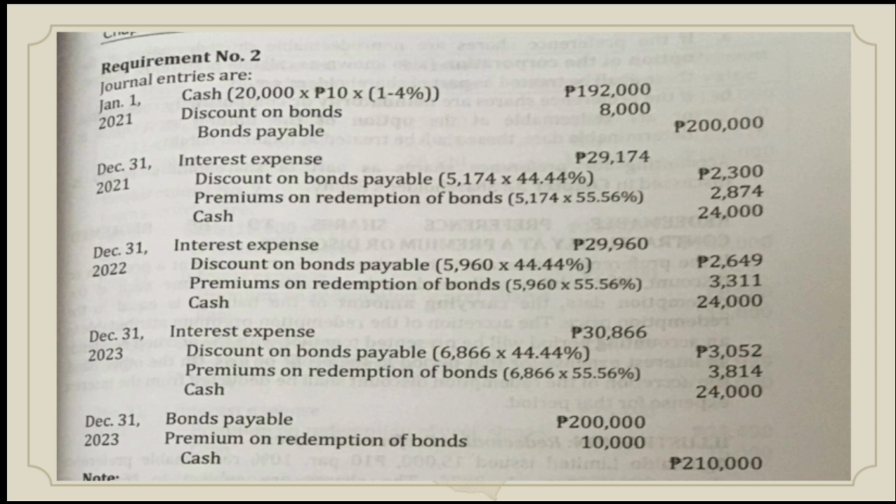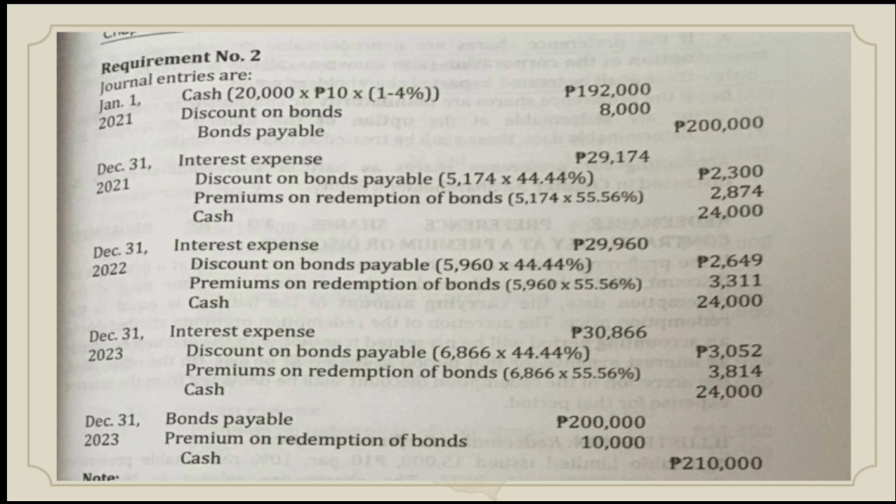So mao ni ang imong madawat nga cash. And then nakay discount on bonds payable nga 8,000. Kuha nimo ang discount on bonds nga 8,000 by 200,000 times 8%, kay as you can see diri sa amortization table, ubos sa amortization table, na kay discount nga 8% over sa 18%, so gitimesan og 8%, mao nang 8,000.